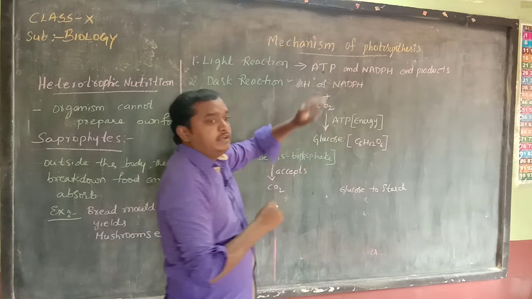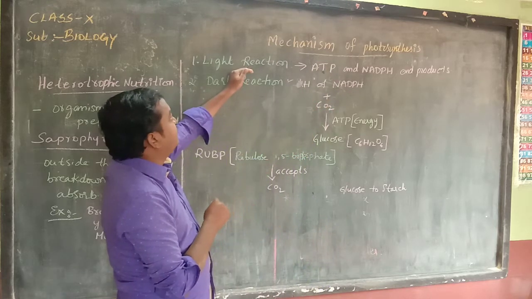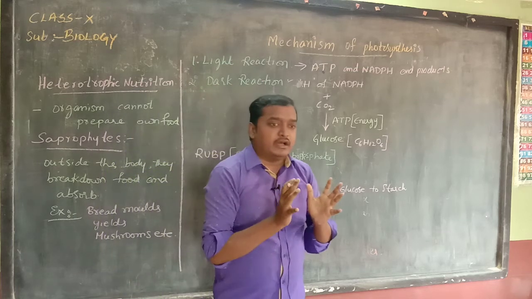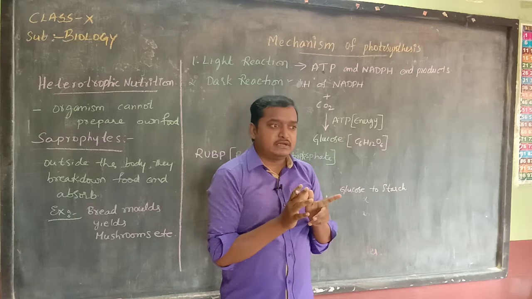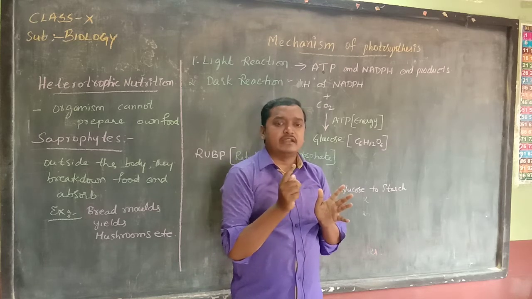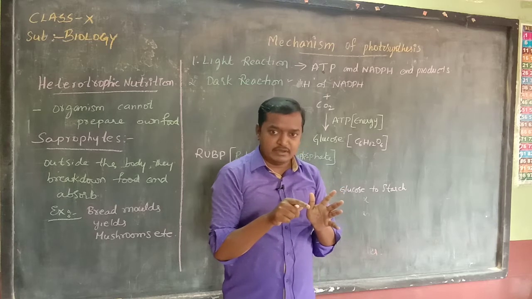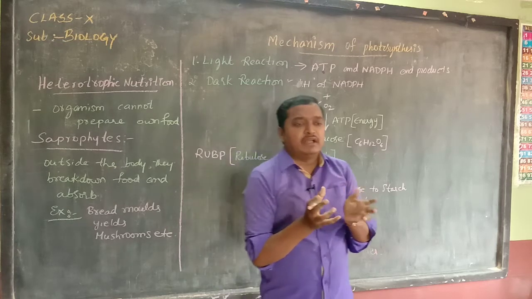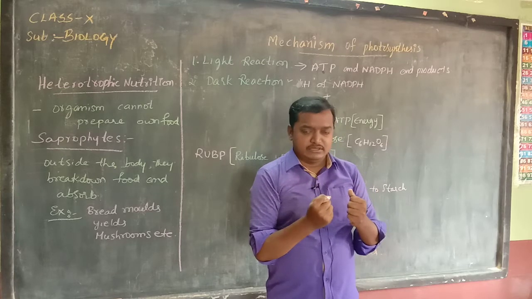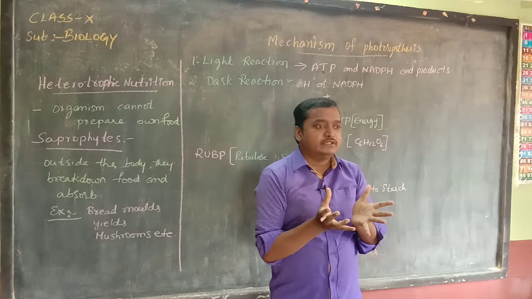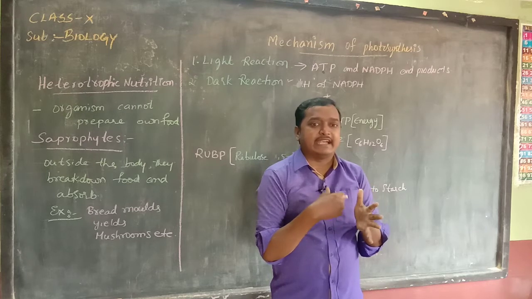So in the first step we will go for a recap of the light reaction. You see that the chloroplast is the part of the leaf in which a green color pigment called chlorophyll is there. That chlorophyll will absorb the light, that means trap the solar energy, and get activated.